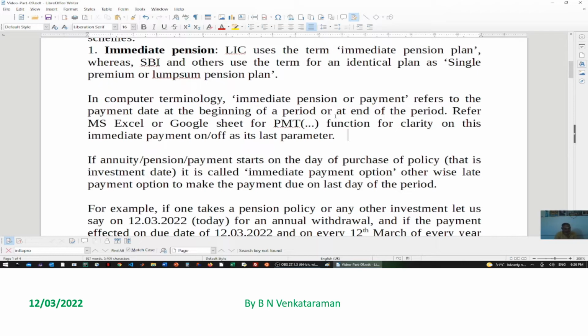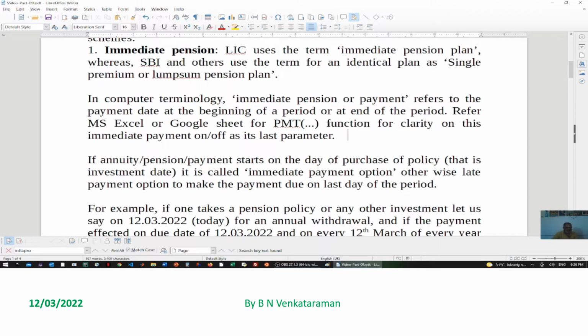If annuity pension payment starts on the day of purchase of the policy, that is the investment date, it is called the immediate payment option; otherwise it is the late payment option, with payment due on the last day of the period.